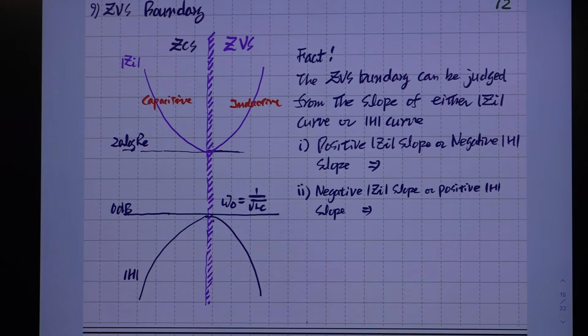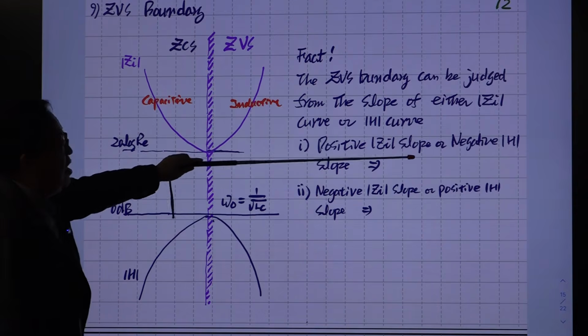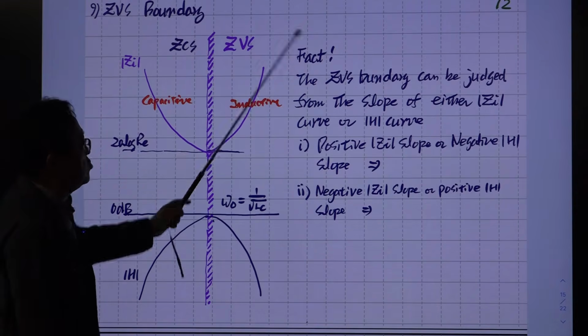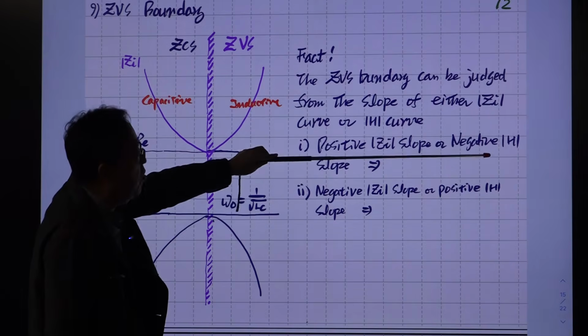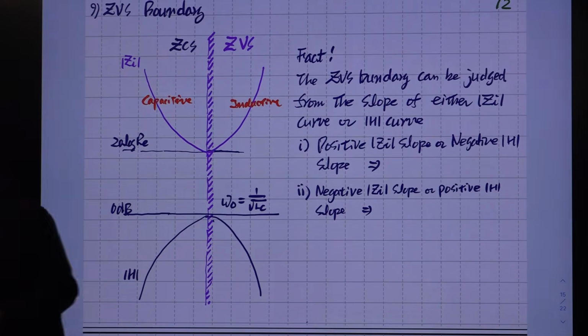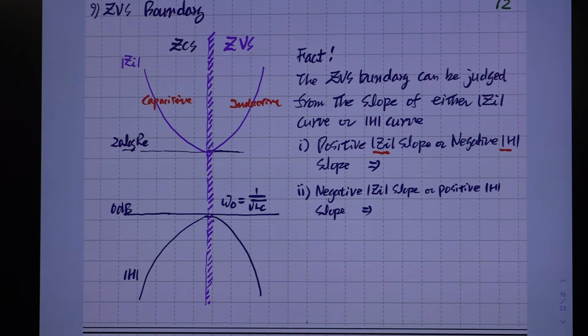So the positive slope of GI can be used to judge the operational mode, or the negative slope of H will say the same thing. Okay, so you don't have to use GI. Okay, just take a look at this.